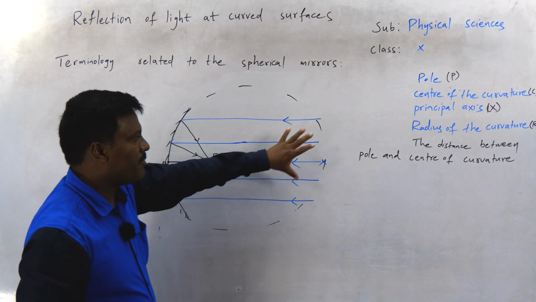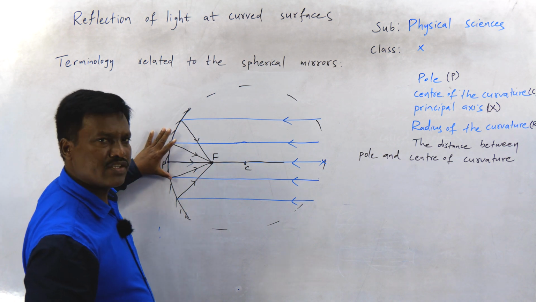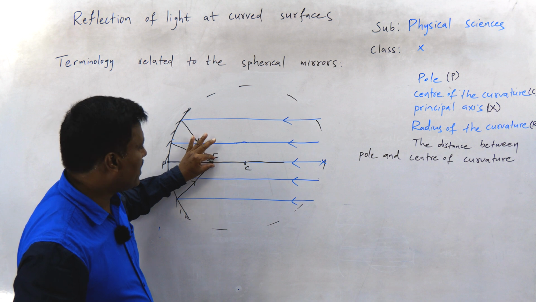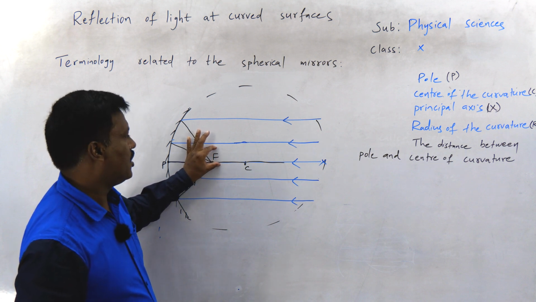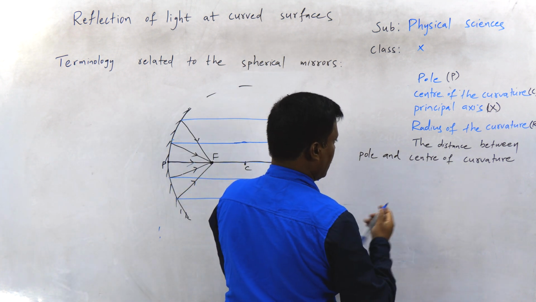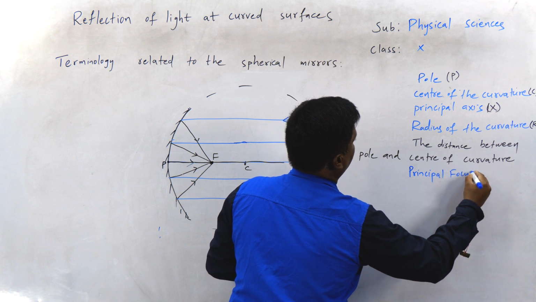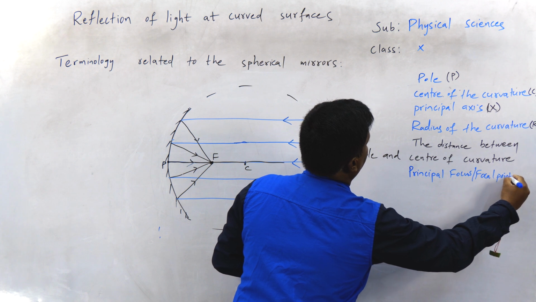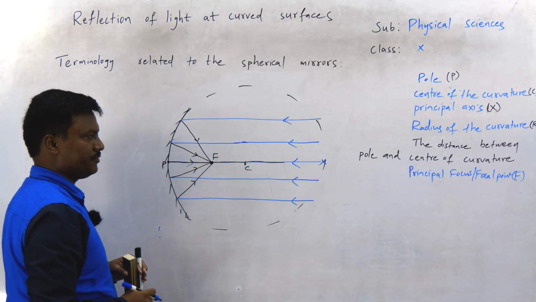Whenever a parallel beam is incident on the spherical mirror, after reflection all the light rays meet at one point. That point is called focus or focal point. So the next terminology is principal focus or focal point, denoted by capital F. This is the focal point.